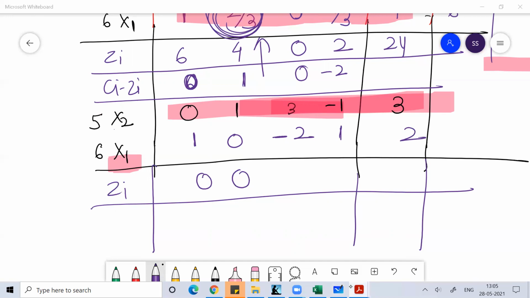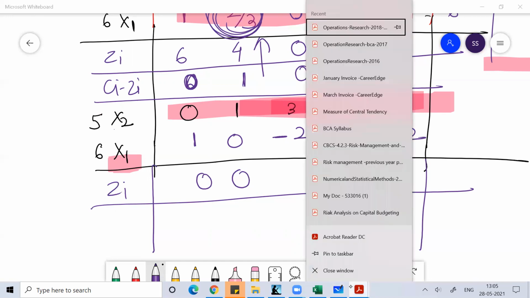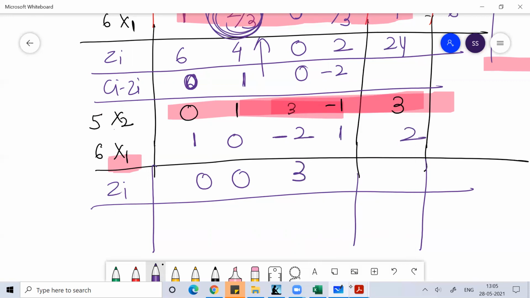Minus 5 plus 6, 1. Then this is 15 plus 12, 27.